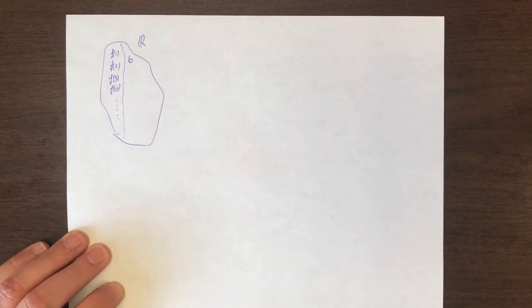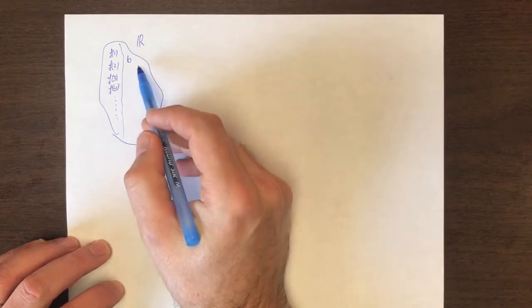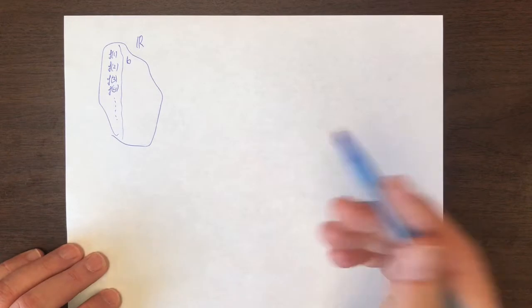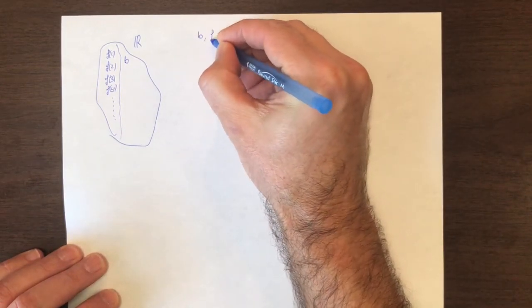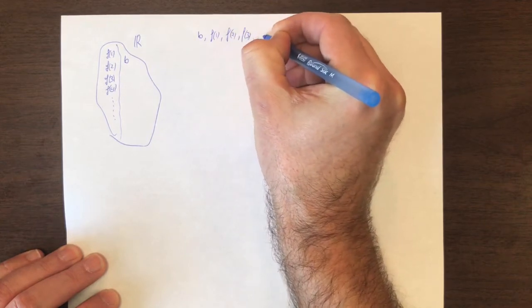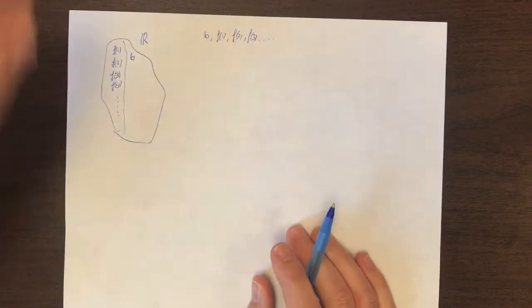Now you could have said, wait a minute, what if I just modify my sequence and insert this one right at the front? So let's make a new sequence, say B, and then F1, F2, F3. Now I have an infinite sequence and B is in there. But here's the kicker.